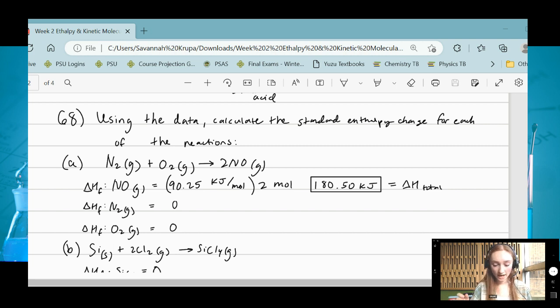So the first one we have is nitrogen and oxygen gas equals NO gas. So I'm just going to write here HF, this is enthalpy of formation of N2 gas, O2 gas, and NO gas.